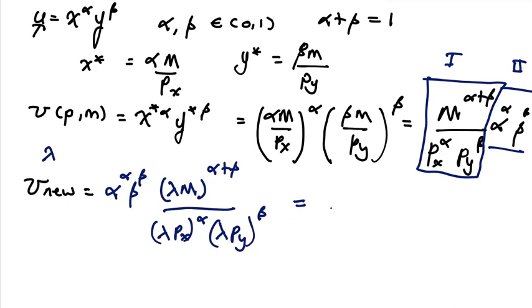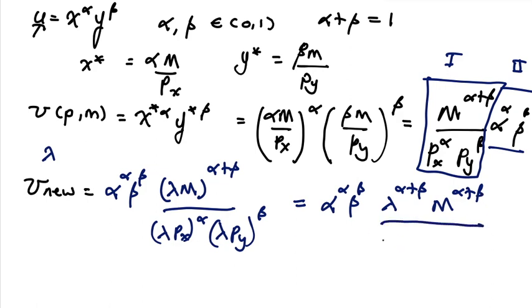Now, what we can do here is write again the constant, take out lambda, so lambda becomes lambda to the power of alpha plus beta times m to the power of alpha plus beta over, take out lambda, lambda to the power of alpha times px to the power of alpha, and then take out lambda from py, and that becomes lambda to the power of beta, and then py to the power of beta.